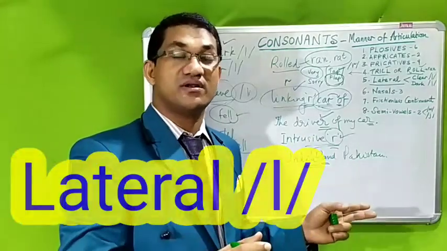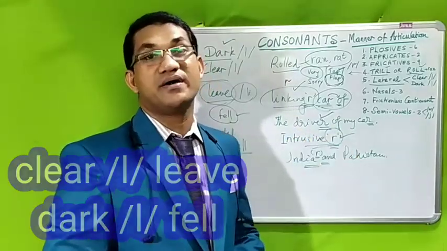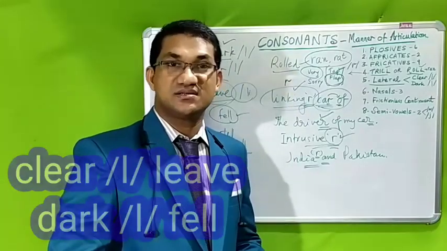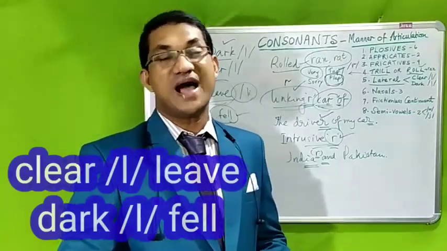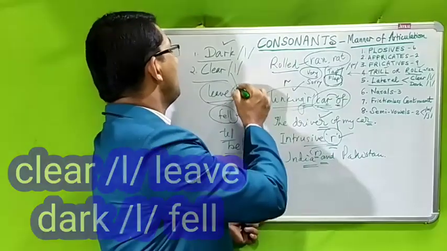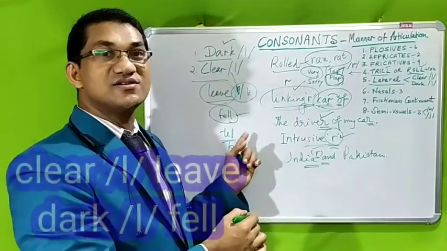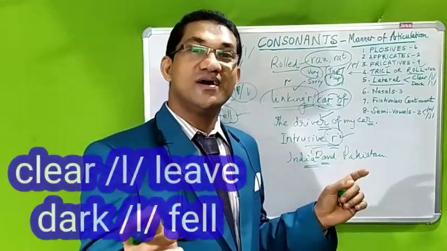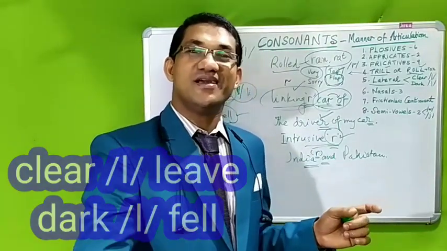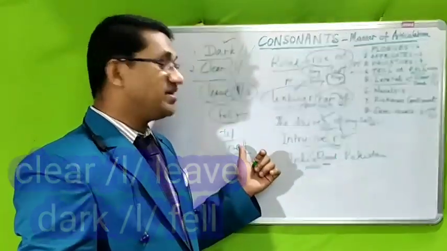The lateral is different, and this particular lateral sound, which is immediately followed by a vowel sound, like in leave, little, least, let, is articulated with more fronting, and we can say that it is a clear L. When you compare leave and fell, you understand that leave is clearer than the L in fell, bell, or tell.